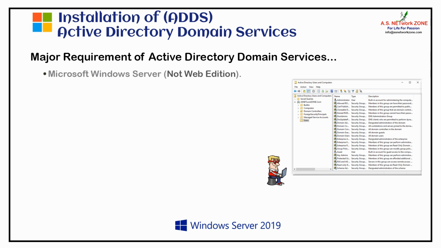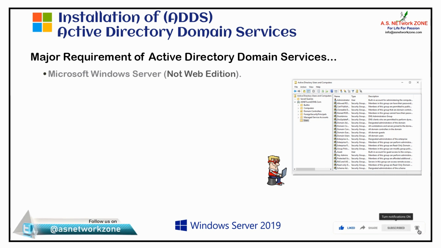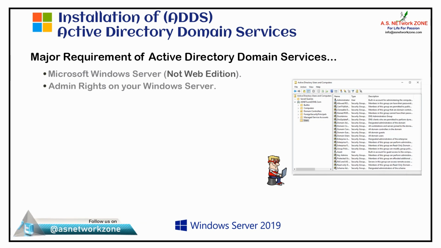You require only a Microsoft Windows Server operating system, and if you are using Windows Server 2008, then make sure it is not the Web edition, because for the hands-on lab we are using Server 2019 with Datacenter edition, so there would be no fallback. You also require admin rights on your Windows Server operating system.